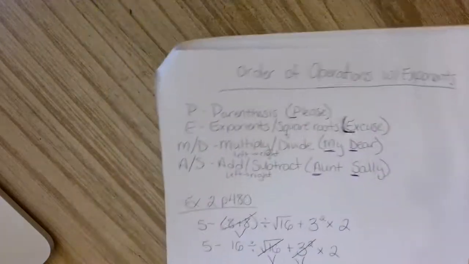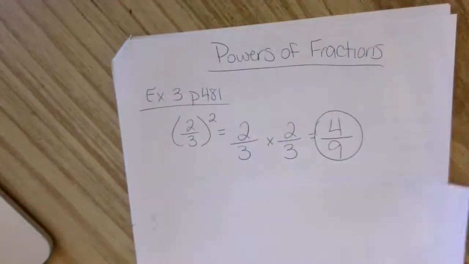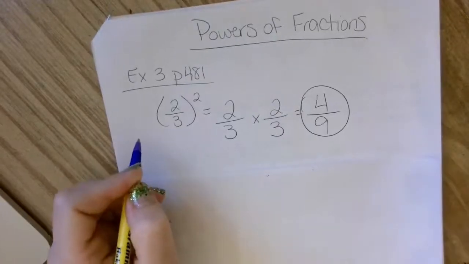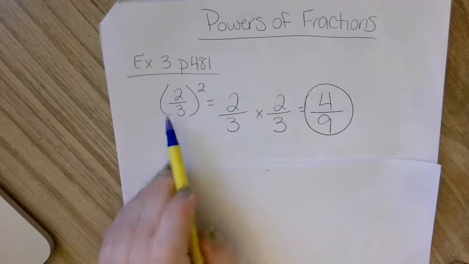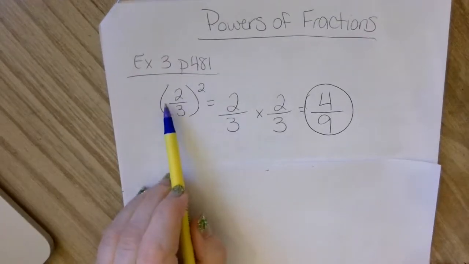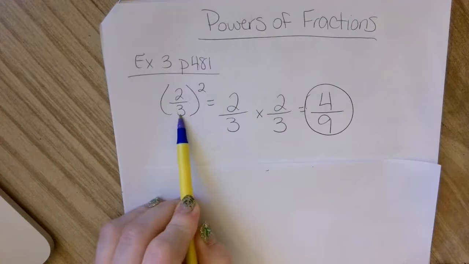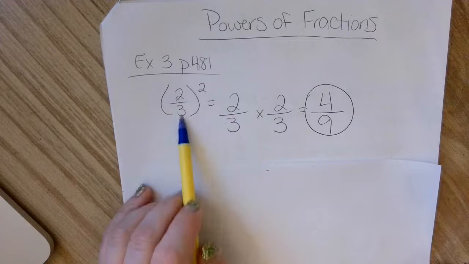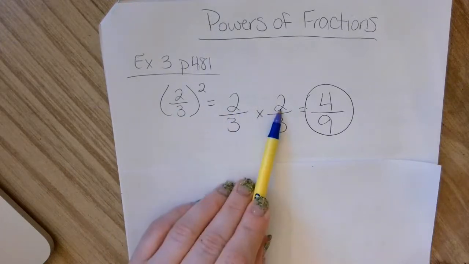Okay. So lastly is powers of fractions, which literally just means that you are going to put exponents with fractions. So you've actually seen this before on a Math Games packet, but what this means is that you're going to do 2/3 times 2/3 because 2 is your power, so that means that 2/3 is getting multiplied by itself 2 times.